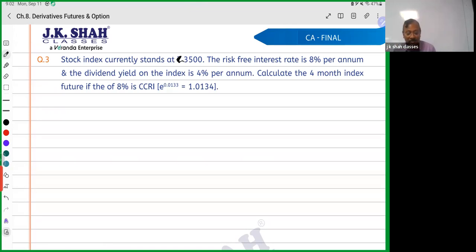Calculate the 4-month index futures if the rate of 8% is CCRI, continuously compounded. Can you find it? 3546.9.